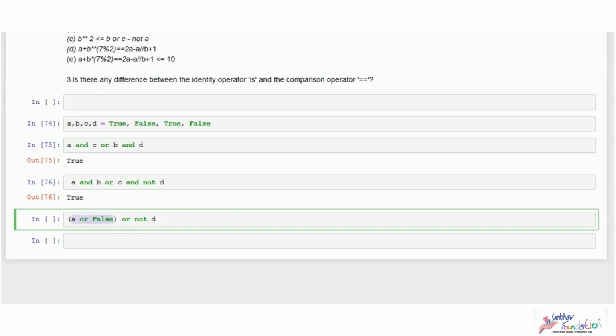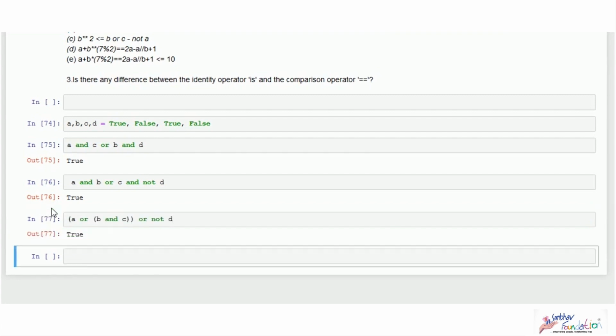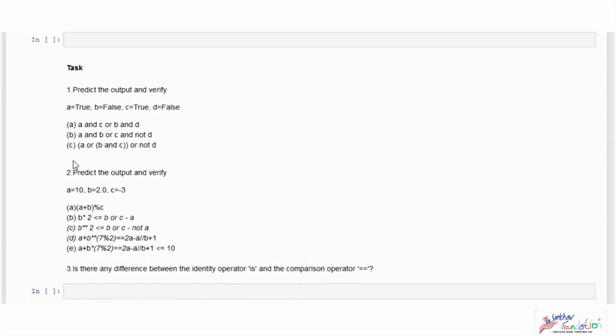A is true, so true or false is going to be true, and then we have true or not D. So again, here we don't have an operand, so first this not D is simplified, not D is true, so true or true is going to be true. So your final answer is true, right? So this is the solution for the first question.